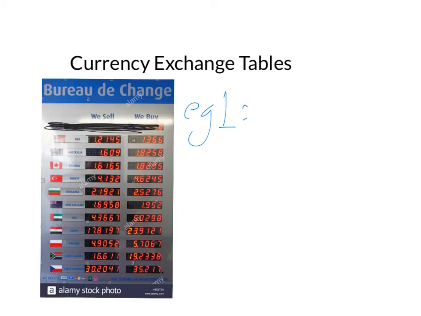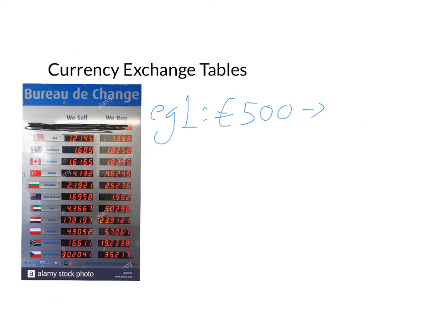So as an example, we can say that you're going on holidays to the USA. You've got €500 that you want to convert into US dollars. So €500, and we want to figure out what that's going to be in dollars. As always, the first thing we're going to do is write out the exchange rates.